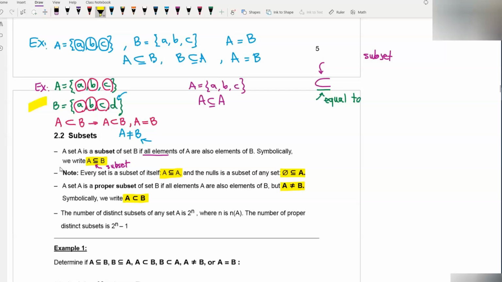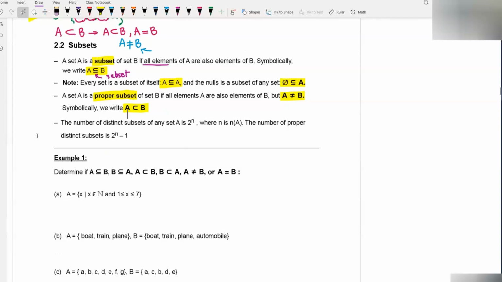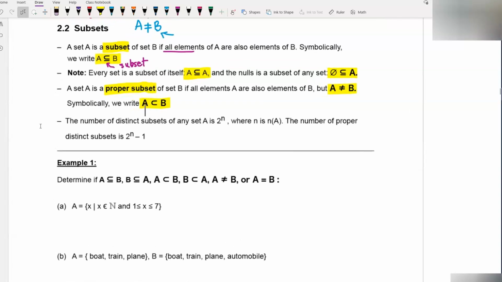Okay, so the first one was subset. We had this symbol. Then after that, we used proper subset, not having equal to. So that was the difference between subset and proper subset. Now the next one: number of distinct subsets of any set A is 2 to the nth power. So this is a rule that we're going to use always.